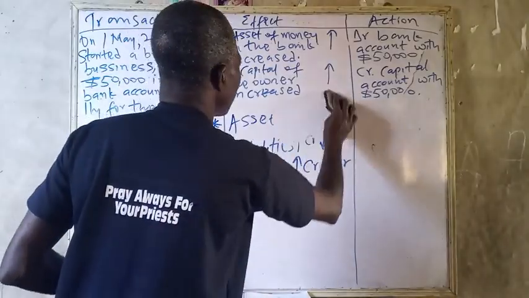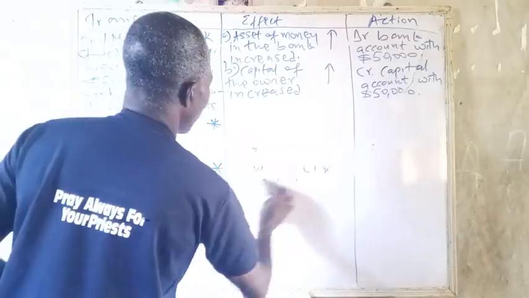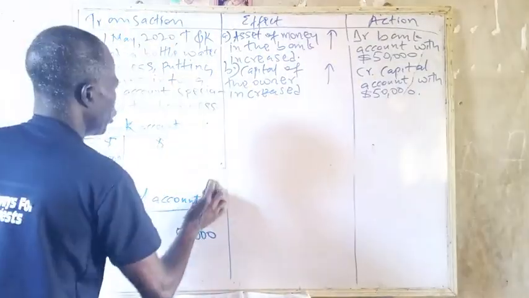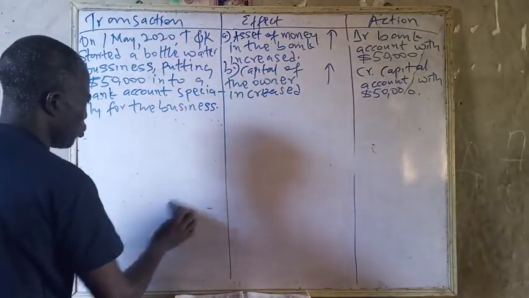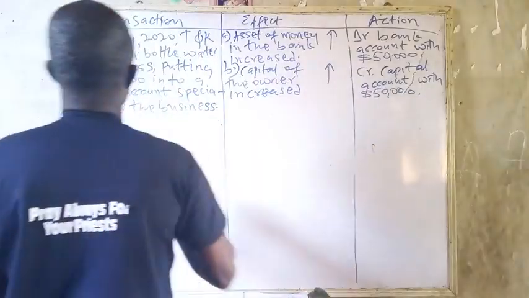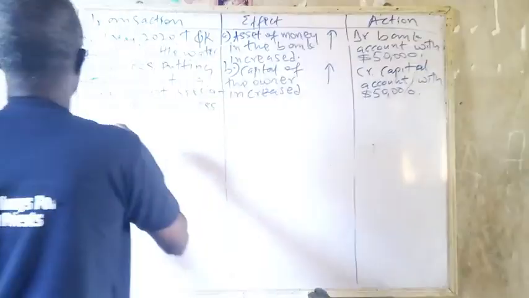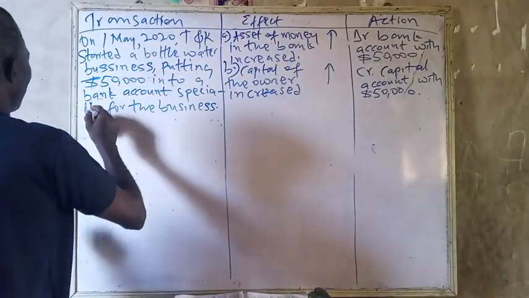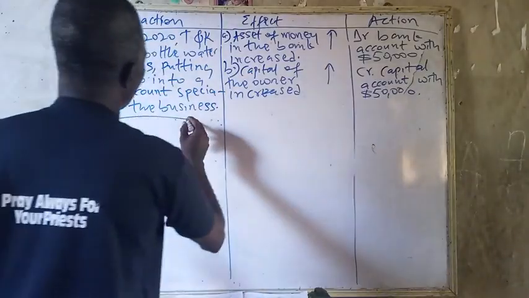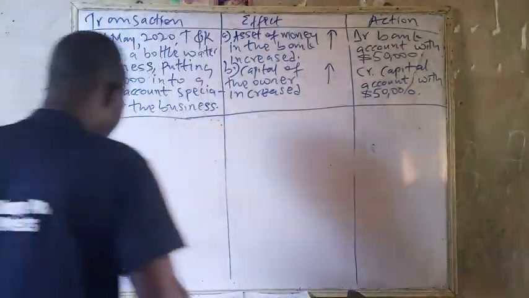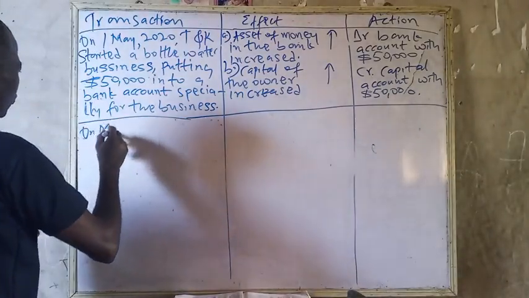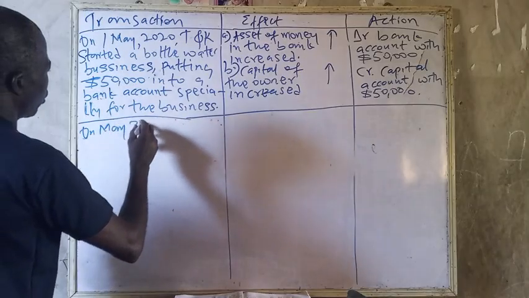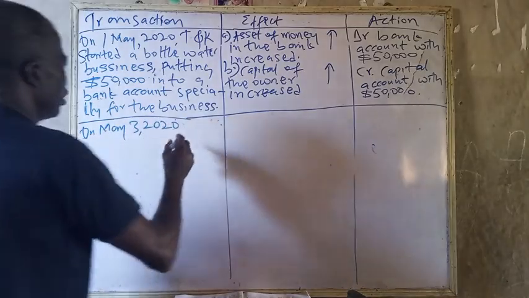I rub off this to show another example. And I underline this: it is especially for the business. Second, on May 3rd, 2020, T&K bought equipment on credit from Tunes.